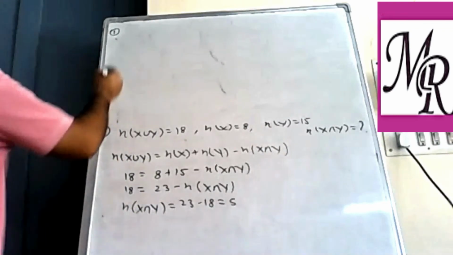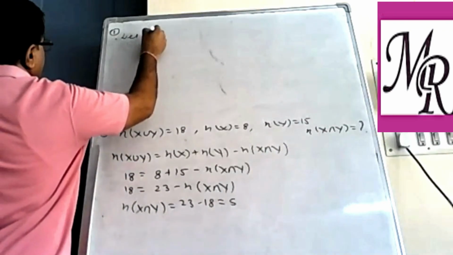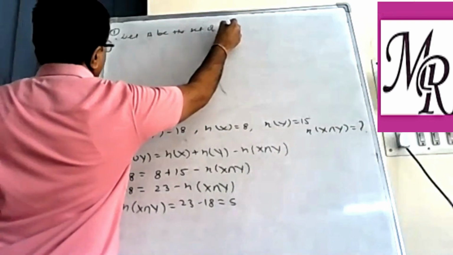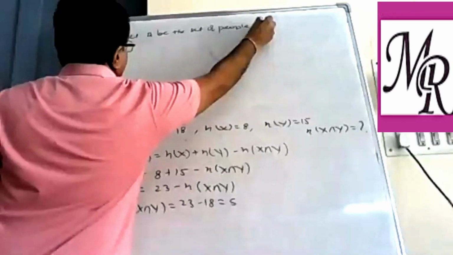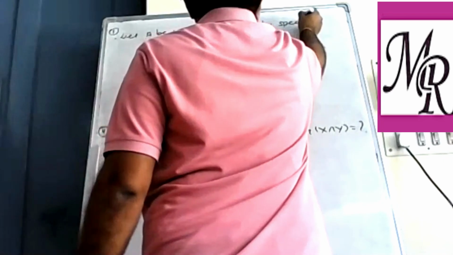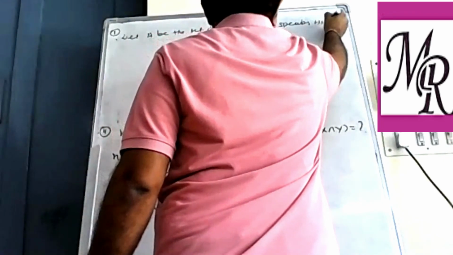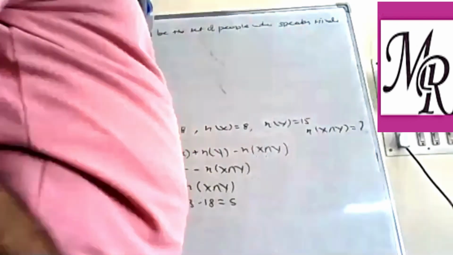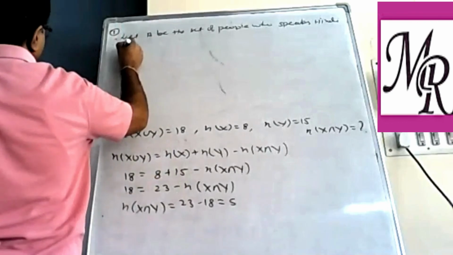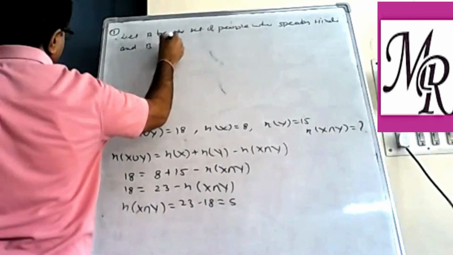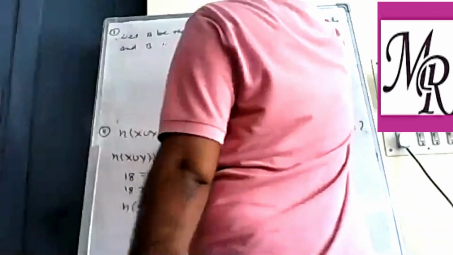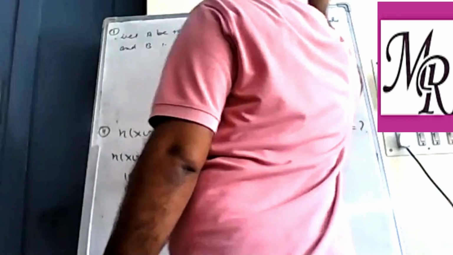So you can write here let A be the set of people who speak Hindi and B be the set of people who speaks English, right?